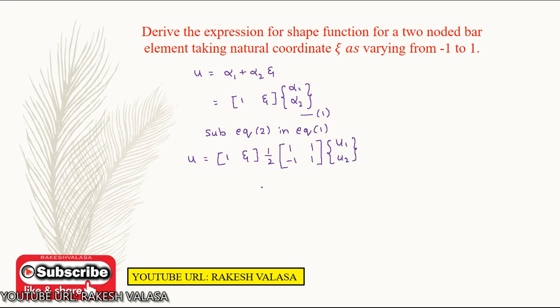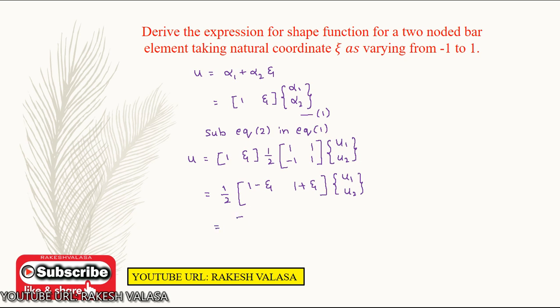Now simplify this equation. Multiply these terms: 1 by 2 into 1 minus zeta, next 1 plus zeta, into u1 u2.